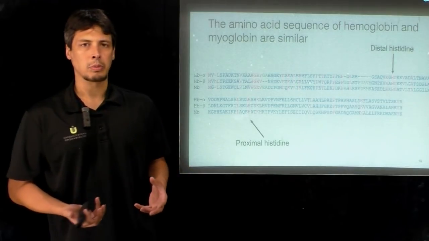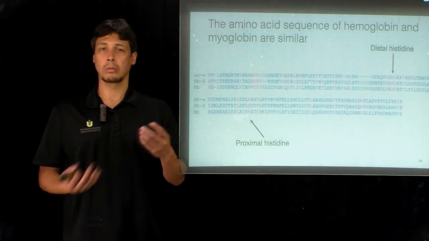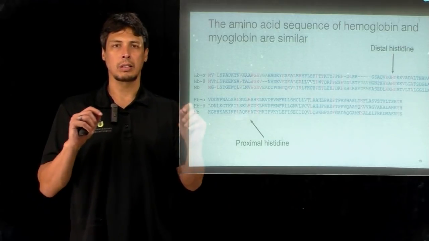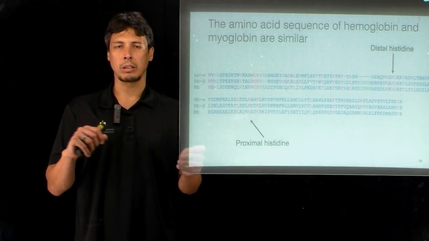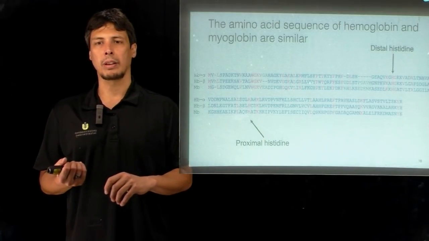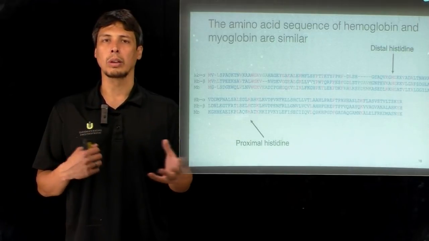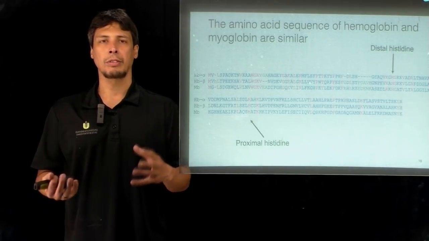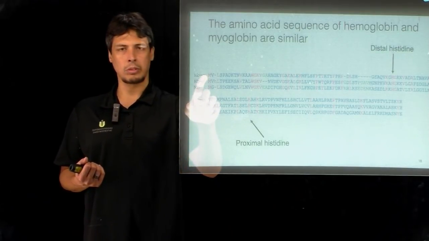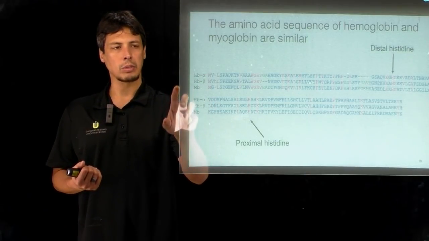For further proof of this, we can look at the amino acid sequence. So remember, primary structure dictates the secondary, tertiary and quaternary structures, and that may give us a clue as to what's controlling the function of this. What we do is what's called an amino acid sequence alignment.